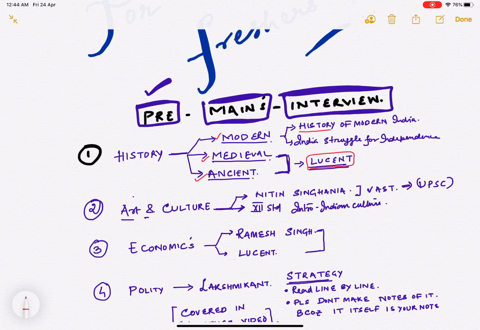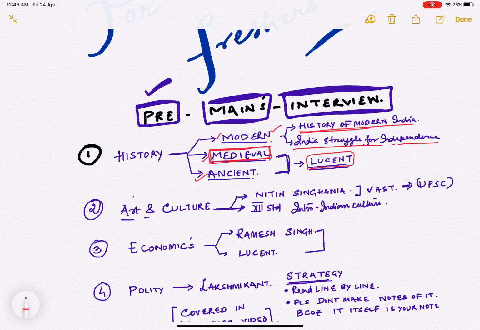Bipin Chandra, that is History of Modern India and India's Struggle for Independence, will obviously give you conceptual clarity. And this conceptual clarity will help you to crack the prelims as well as the mains. Now, again, I would say that if you still want to prefer Lucent, then prefer Lucent, but go for Lucent only with respect to your medieval India and not with respect to modern India, with all due respect.